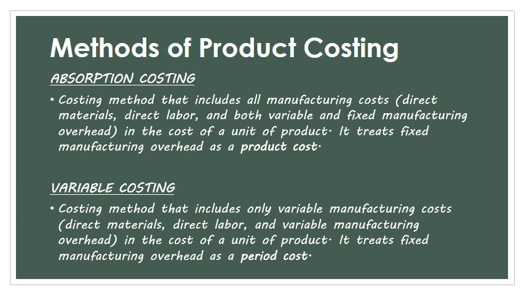For example, kasi tinanong kayo, how much is the amount of the ending inventory? So, yung cost na na-compute nyo or nakuha nyo for product cost, yun lang yung isasama nyo for the inventoriable cost. So, anong pinagkaiba ni absorption at saka ni variable costing? Yung pagtitreat or yung treatment sa fixed manufacturing overhead.